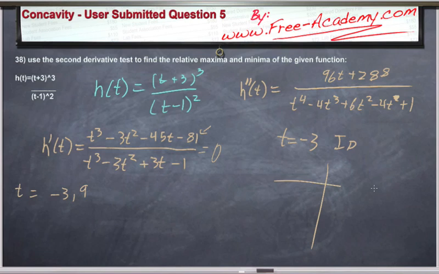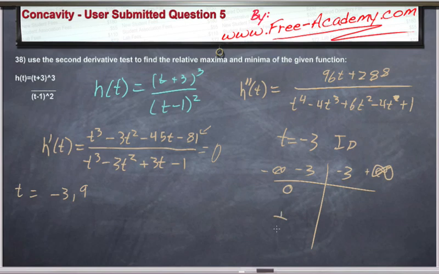So you would need to set up the table, do your interval from -infinity to -3, and from -3 to +infinity. Let's start by putting in the value 0, and we're going to get 228 divided by 1.